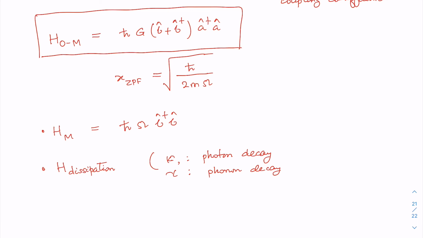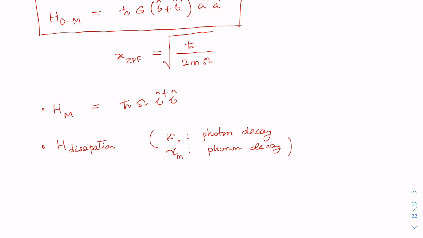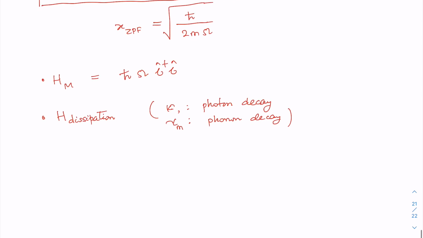This process is called mechanical damping, and the rate of mechanical damping is denoted by gamma. I can put an m here to emphasize that I'm talking about the decay of the mechanical phonons, or quanta of the mechanical oscillator.